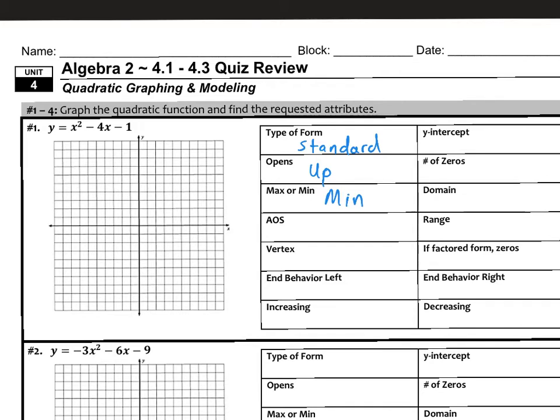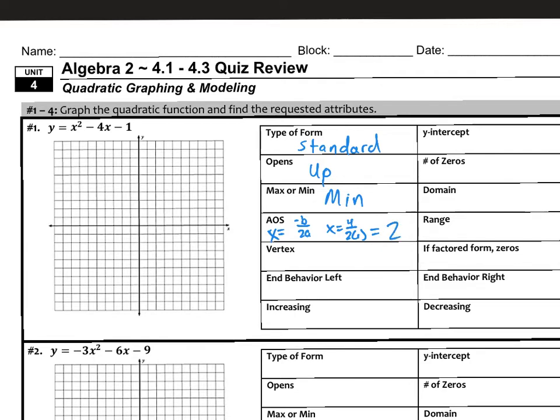The axis of symmetry I can do one of two ways. I can use that negative b over 2a formula, for what x equals. Change that to an x equals, which would put me at negative b, or the opposite of b, would be 4 over 2 times 1, my a, and 4 divided by 2 equals 2.